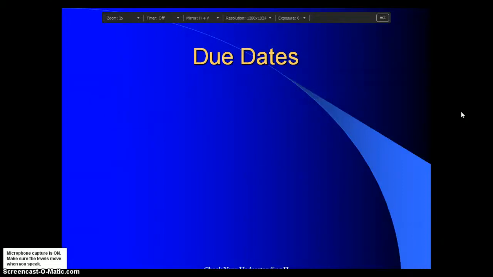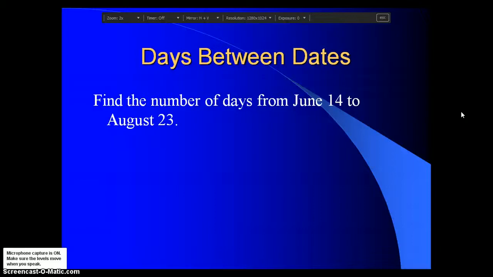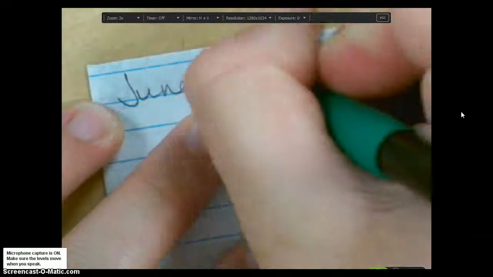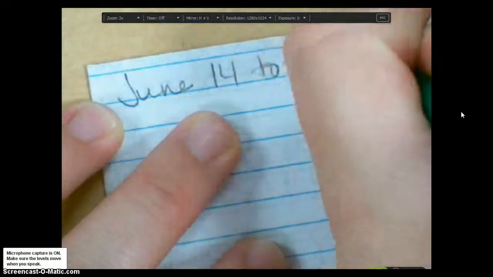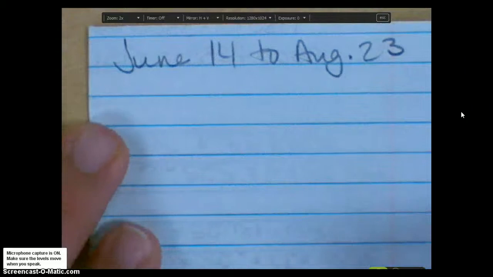Be sure to count correctly as you go through. Finishing up, you can figure out the days between dates for your notes. These are super easy to do. Here, we're going from June 14th to August 23rd. This is very similar to what we just did. I'm going to jot that up here, June 14 to August 23rd, just so we don't have to flip back.